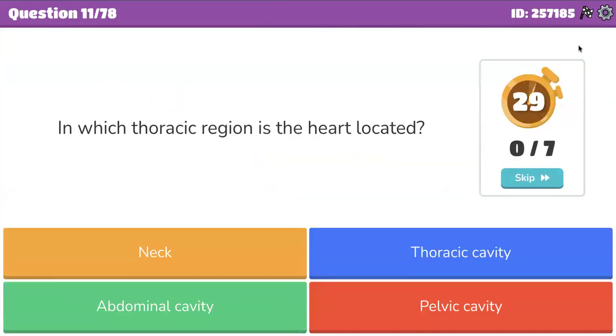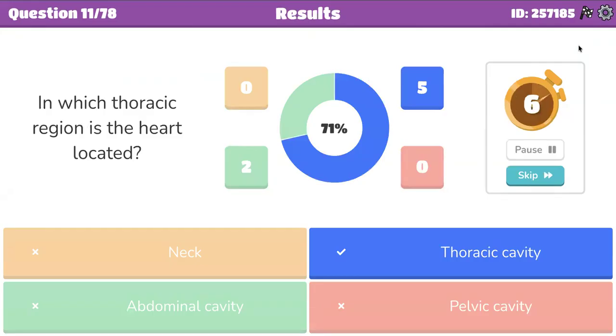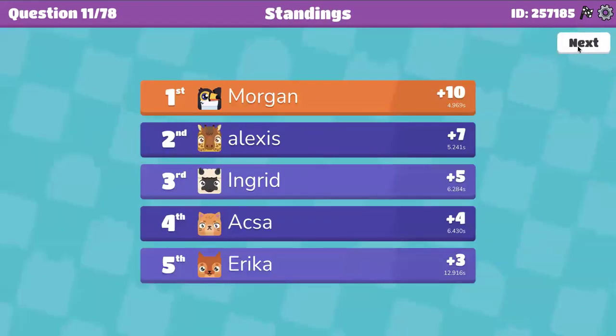In which thoracic region is the heart located? Is it the neck, the thoracic cavity, the pelvic cavity, or the abdominal cavity? Yep, the thoracic cavity.